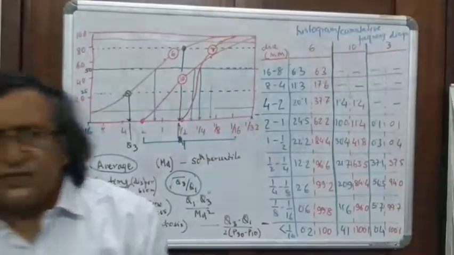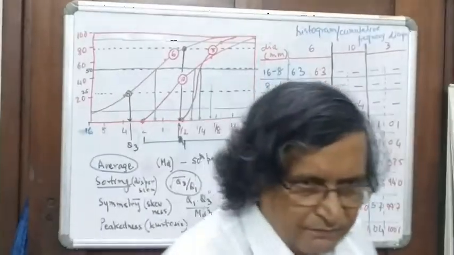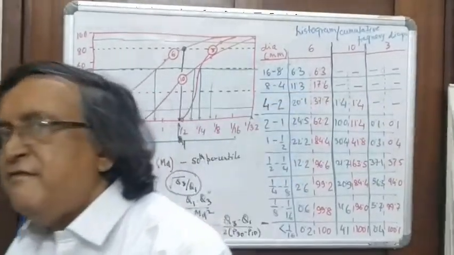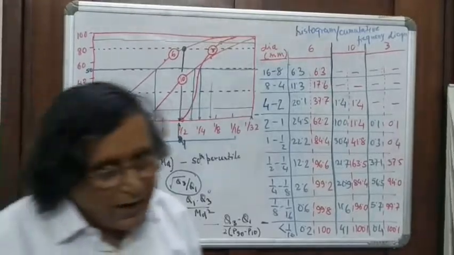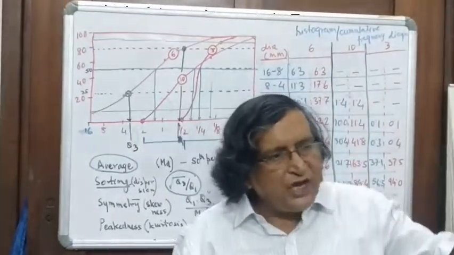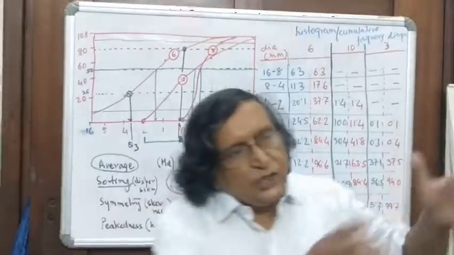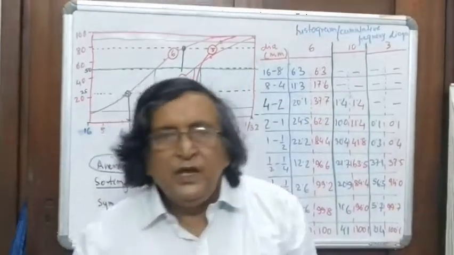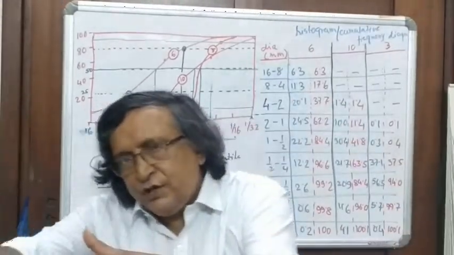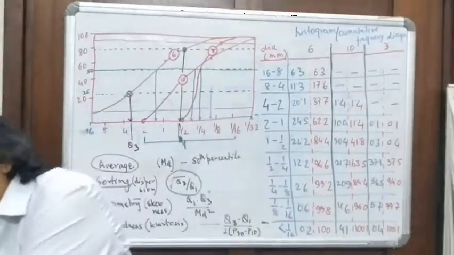Normally, what happens on the beach, if you take beach sands, they are very well sorted. Why? Because, as I have told you, the sorting will improve in two places: one is during transportation and the other during deposition.